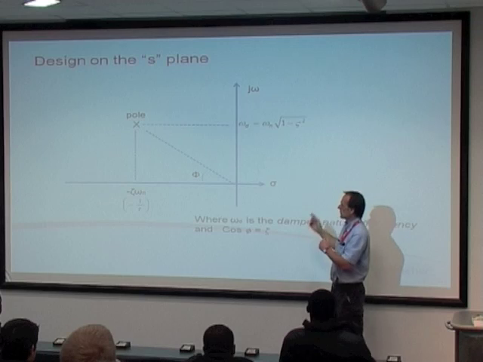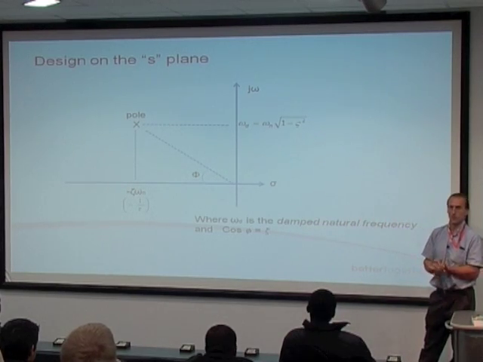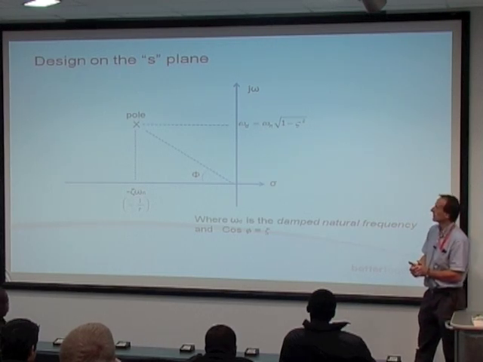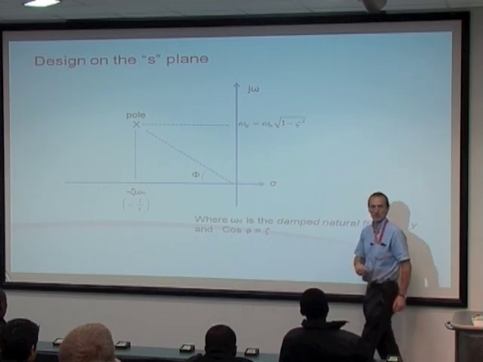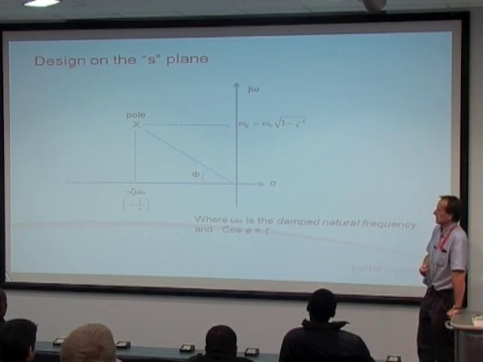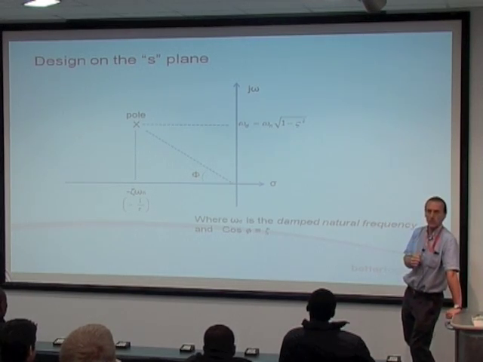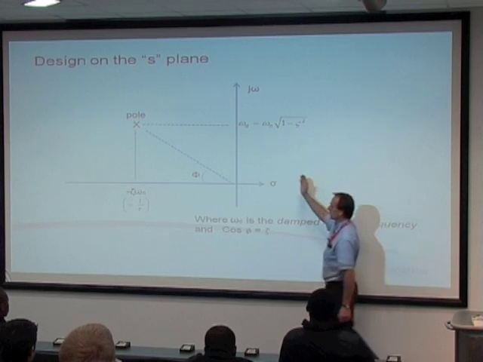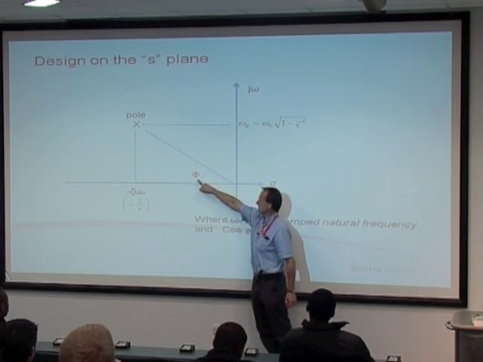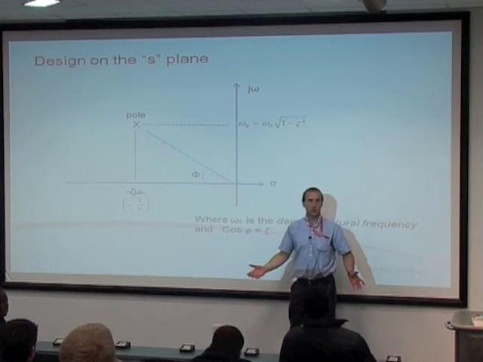Okay? What happens if I increase that until zeta equals 1? In other words, I'm putting more damping into the system. I think we've already determined that my pole travels in an arc, and the radius of that arc is omega n. If I make zeta bigger until it's equal to 1, where do I end up? On the real axis. Yeah, it moves around anti-clockwise until, well, when zeta equals 1, what's got a cosine of 1? 0 degrees.